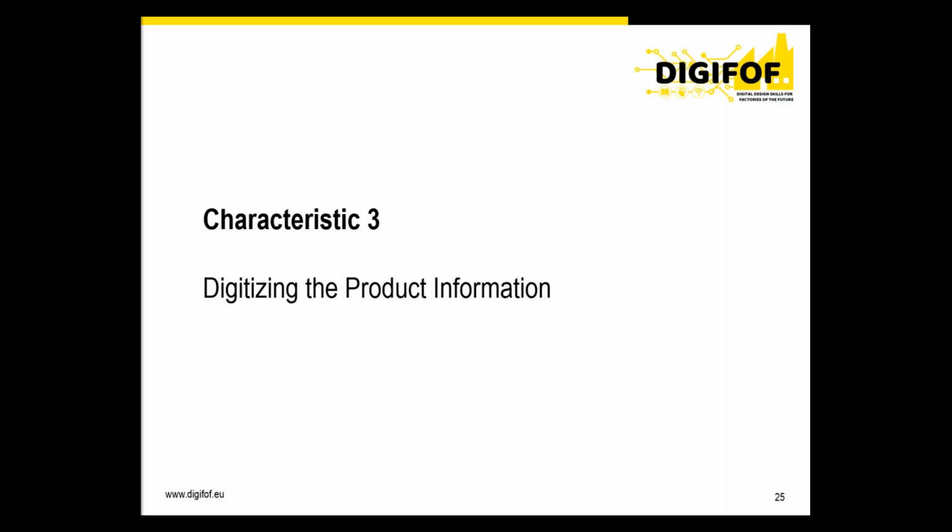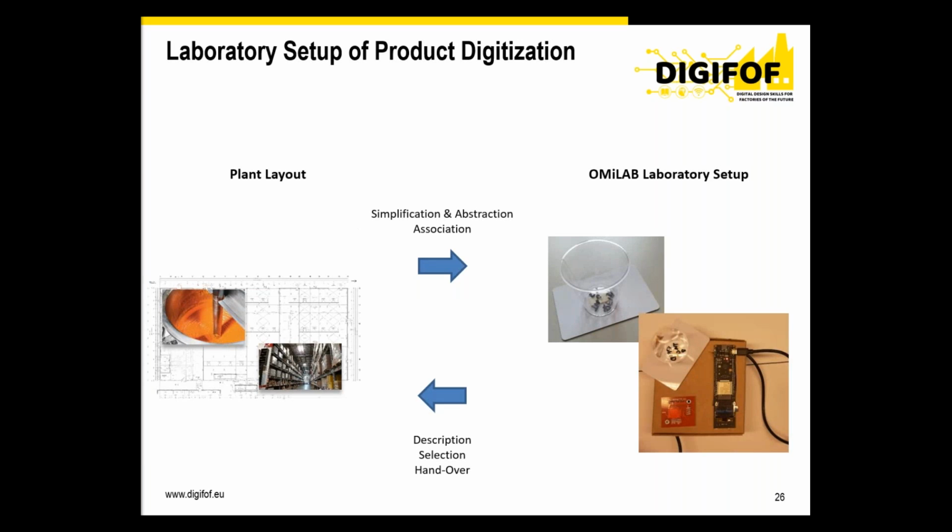And now let's come to the third characteristic in production processes. We would like to digitize the product information. And the focus for digitizing the product lies on the digital information in our laboratory design.